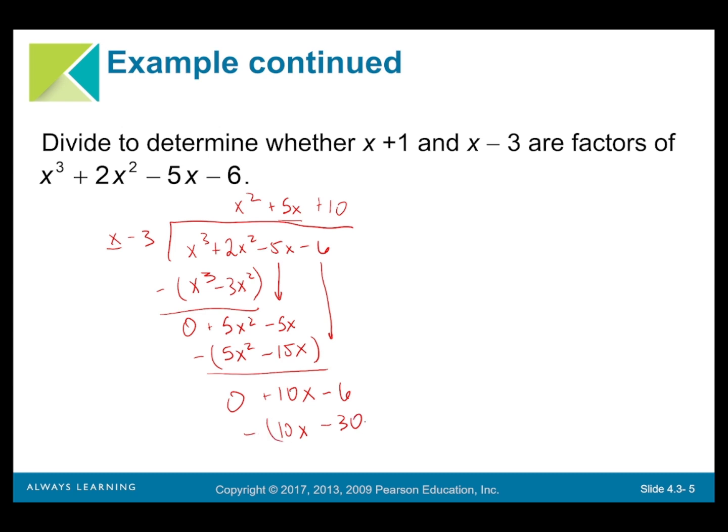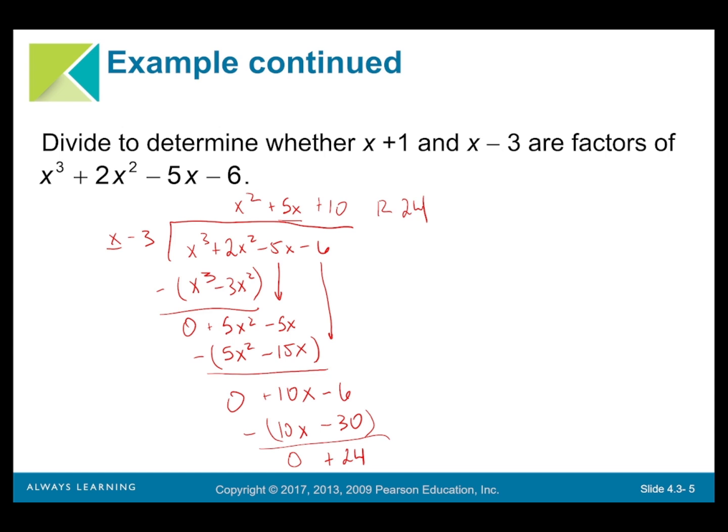Now I subtract that whole term, and 10x minus 10x is, of course, 0, and minus 6 plus 30, because I have to distribute my negative, is a plus 24. So that means I have a remainder of 24 here, which, similar to when we do it with arithmetic, I'll just write it at the top for now.